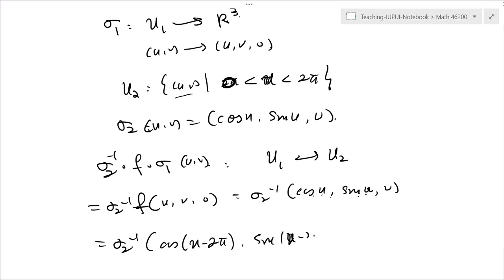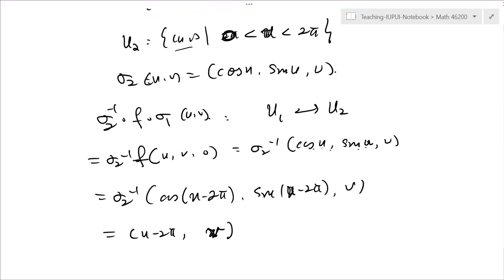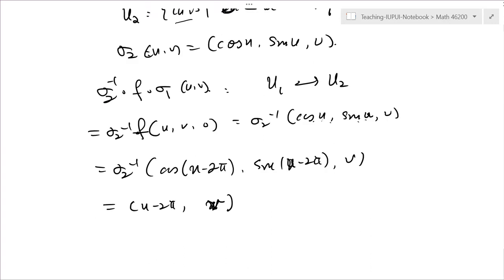Sine U minus 2 pi and V. So that's only a small difference. It's not really an identity map, but you may send the UV to U minus 2 pi and V. Okay, so in that case, it's still smooth, right?